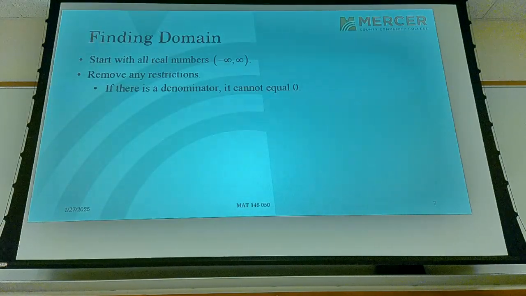Take any number and raise it to an even power. What's negative 2 squared? Positive 4. What's negative 2 to the 4th power? Positive 16. Negative 2 to the 6th power? Positive 64. You always get a positive number out of it.